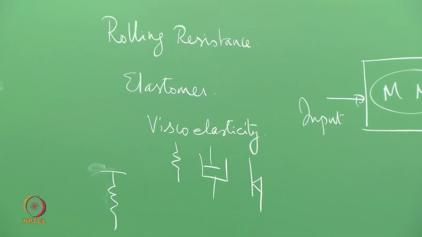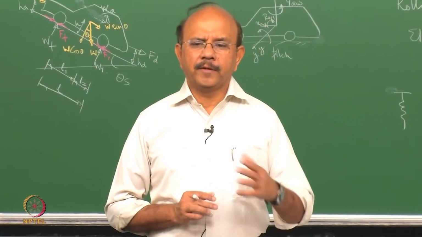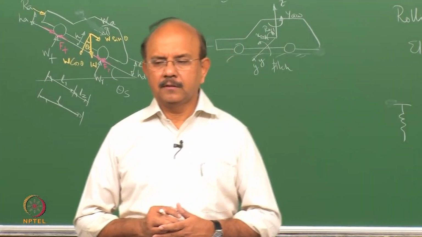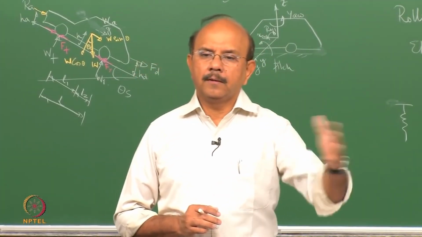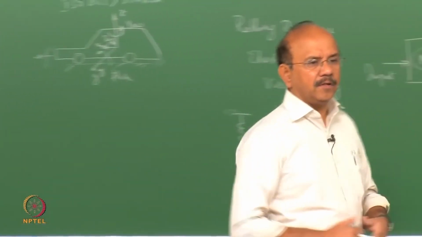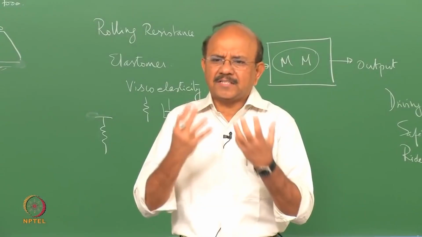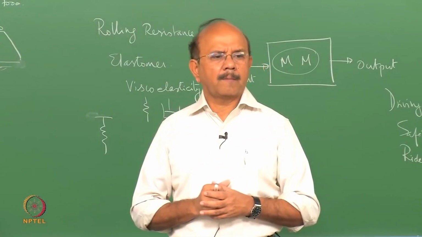This is not a very correct representation. We are not going into too much detail. We can say that a spring, a linear spring especially, is good enough to model, say, a linear elastic material. So, it is something like an understanding of the material behavior.